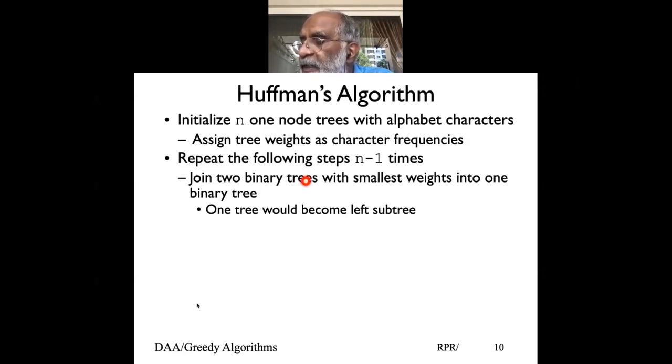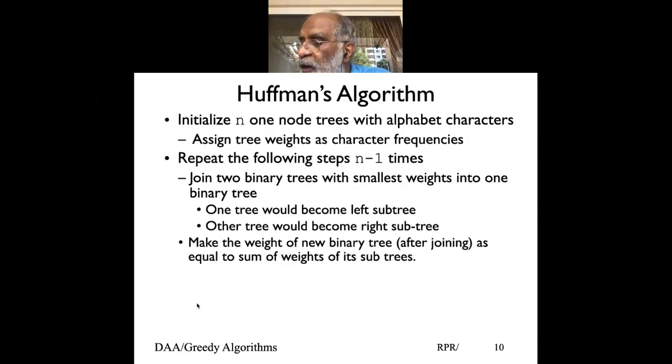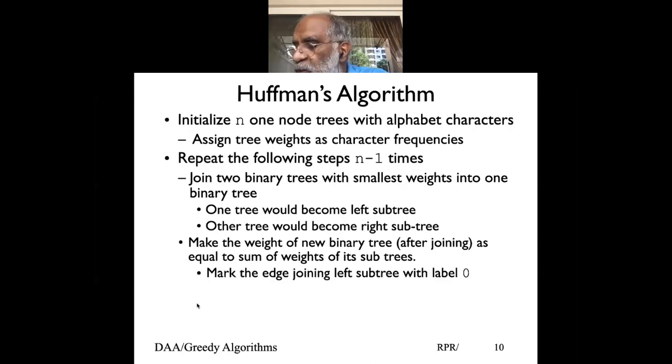Take the two trees with the smallest weight and join them. The weight of the joined node is the sum of these two weights, one tree becomes the left subtree, the other becomes the right subtree, and the new node gets the weight of both subtrees together.